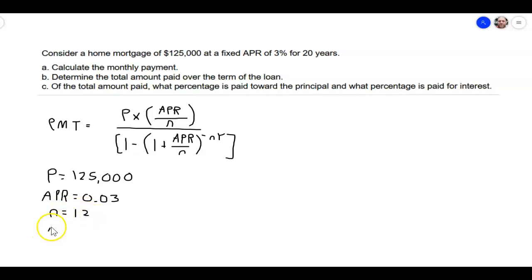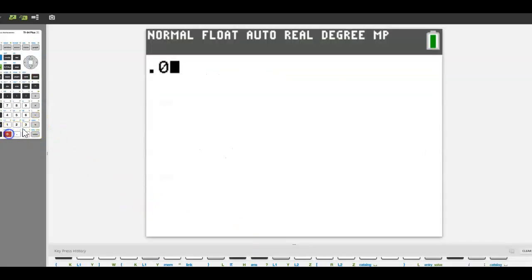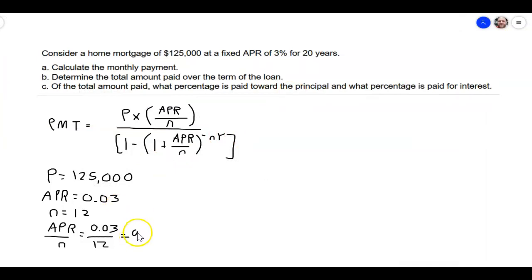So the APR over N is going to be equal to 0.03 over 12, which is 0.0025.